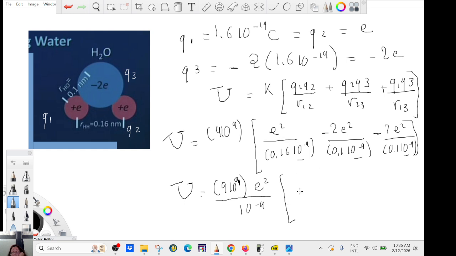And then I have E squared. And then here I have, no, E squared is gone because I factored it out. And 2 and 2 is 4 over 0.1. Looks better.